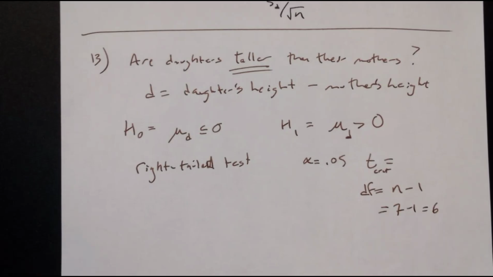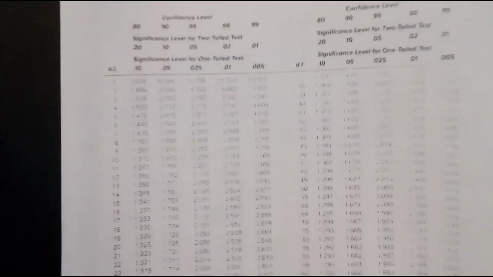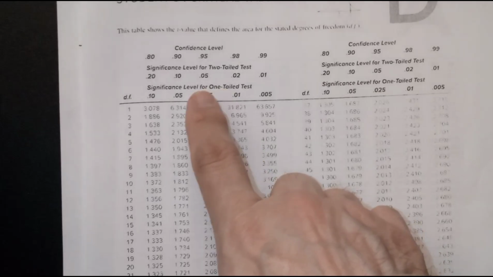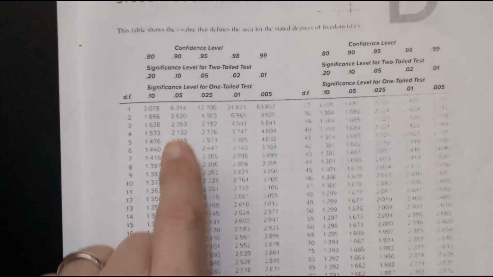So now, degrees of freedom at 0.05, I need a critical value. One tail test, 0.05, 6.